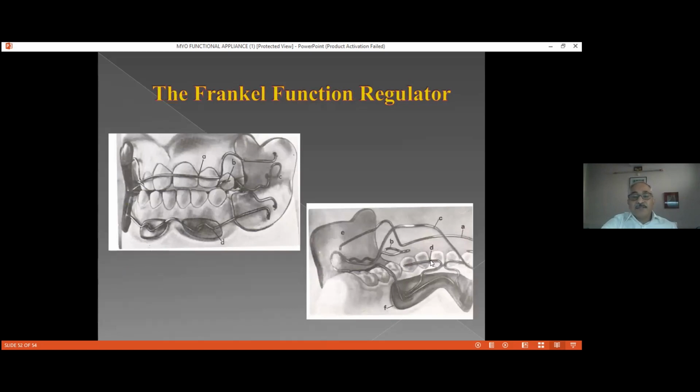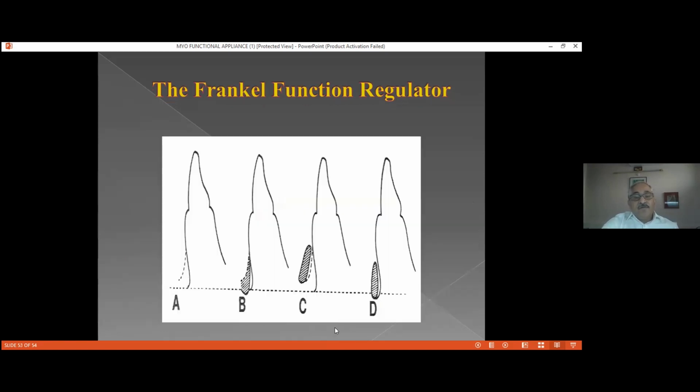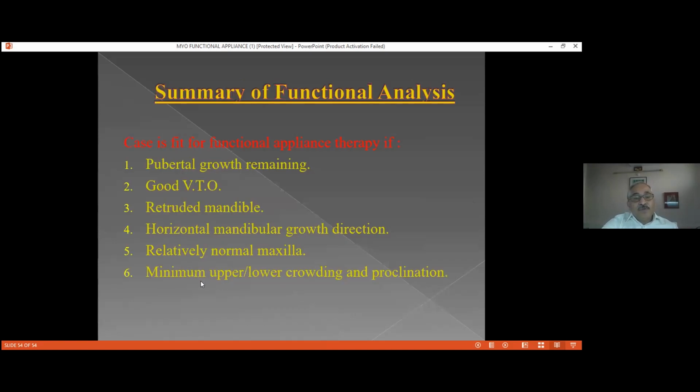A certain amount of crowding can be taken care of by means of the Frankel function regulators, and a certain amount of proclination can also be taken care of by this arch wire here. But by and large, we want minimal crowding and minimal proclination.